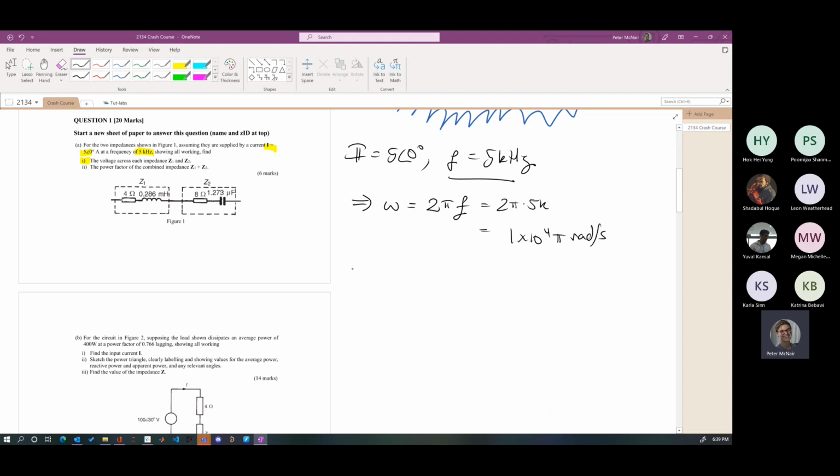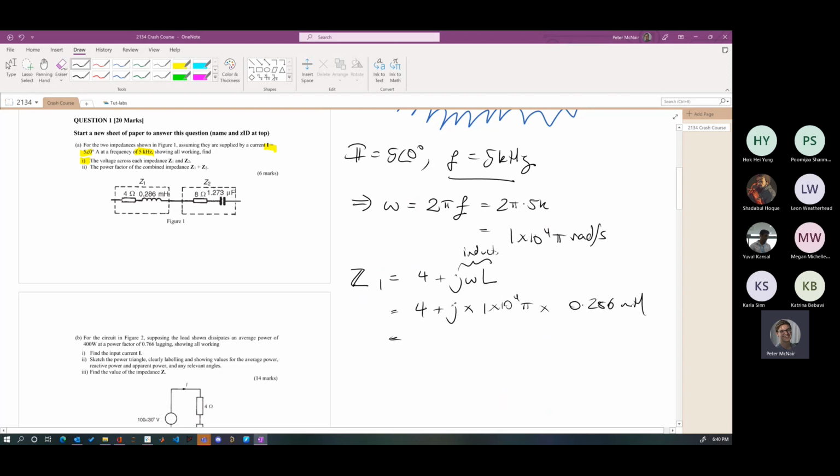Now that we've got this, Z1 is equal to 4 plus j omega L. This is our impedance for an inductor, which is equal to 4 plus j times this 1 by 10 to the 4 pi times our L, which is our 0.286 millihenry.